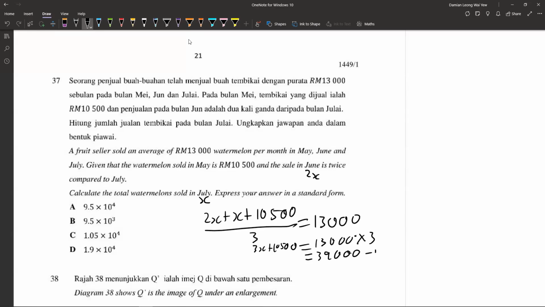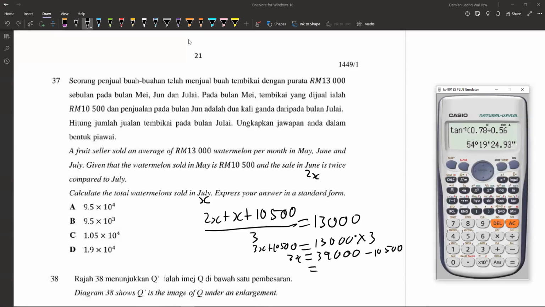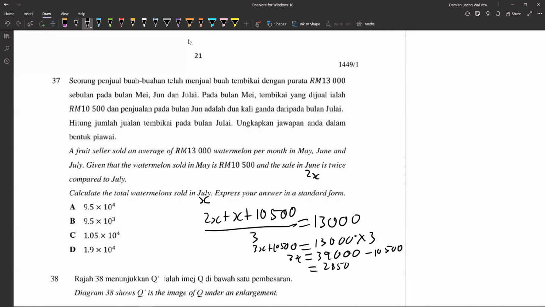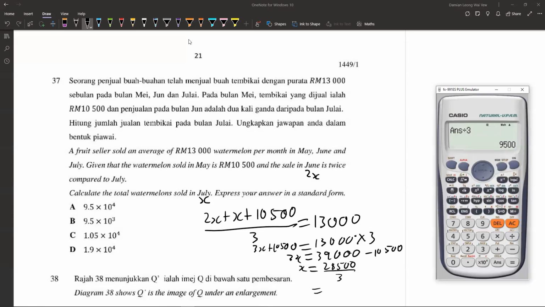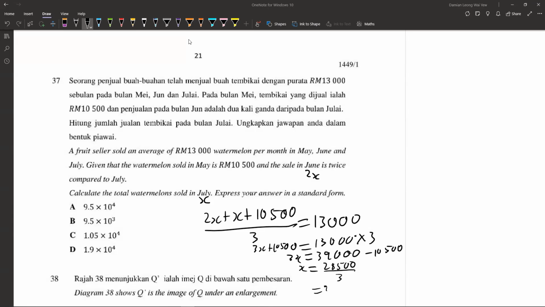Bring over the 10,500, minus. 39,000 minus 10,500 is 28,500. Bring over the 3, times 3, opposite divide 3, 9,500. So it's 9,500 ringgit.